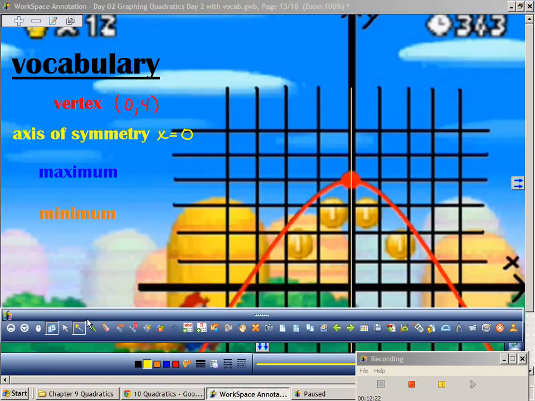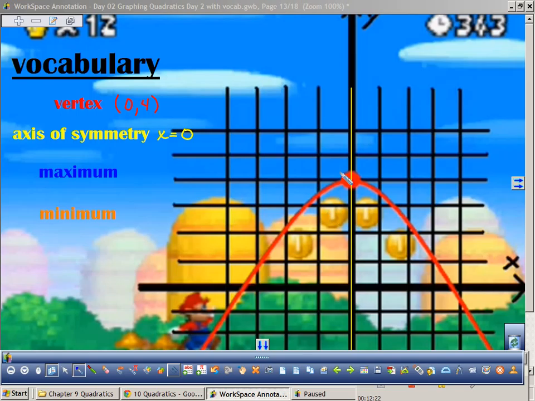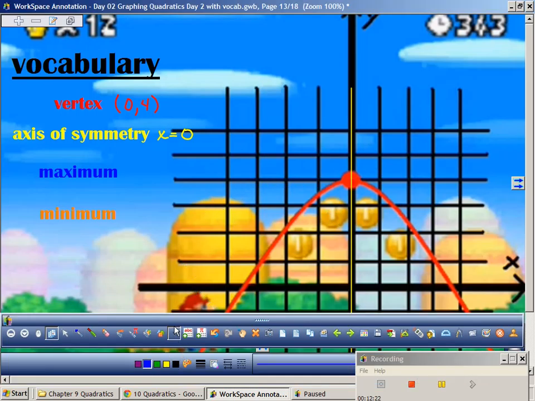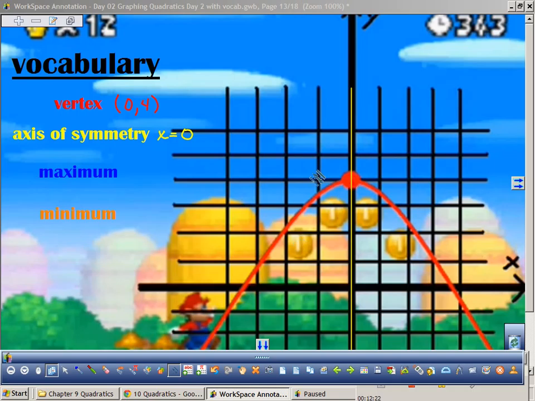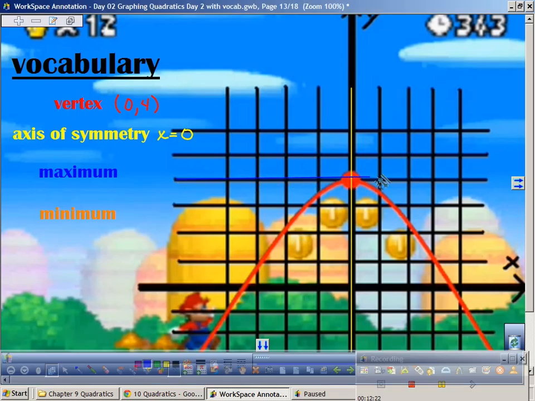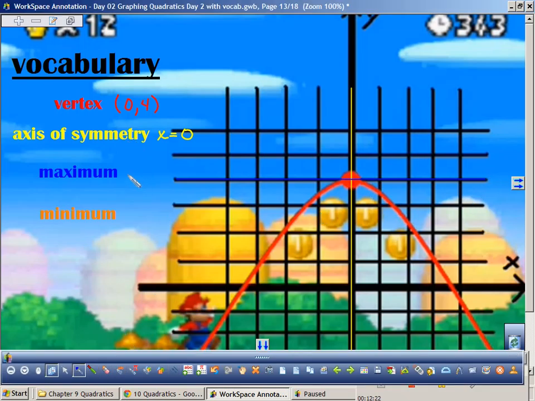What about the maximum? What would we call the maximum? When it's as high as it can go, correct? So the maximum would be, he can't go any higher than 4. Do I have a minimum on this graph? 0?